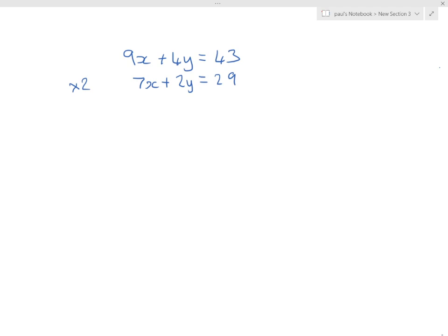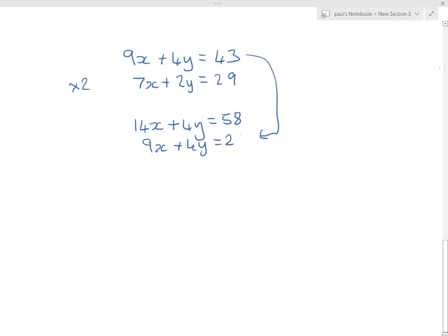So this one becomes 14x plus 4y equals double that there, 58. Right, and then this other one here, I'm going to bring it down. 9x plus 4y equals 43. It goes underneath because the numbers at the top are bigger. And now we can subtract. So that leaves 5x, no y's.